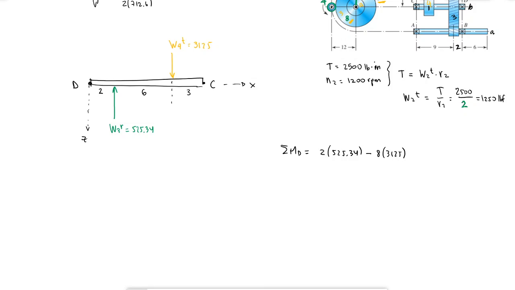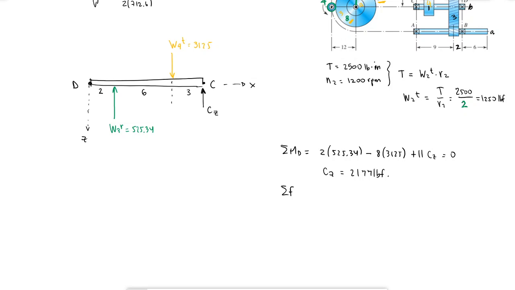And then at C, again, the second value is much higher, so I'm assuming that C is going to go up. C, in this case, is the reaction force at C in the Z direction, times 11, which is the distance, equals 0. This gives me that CZ is 2177 pound force.